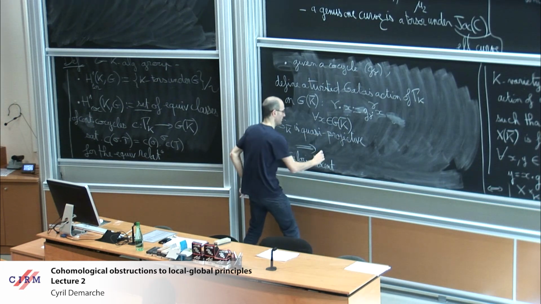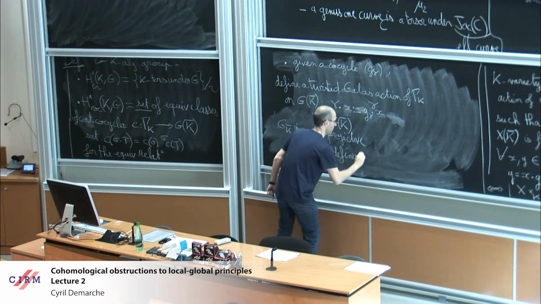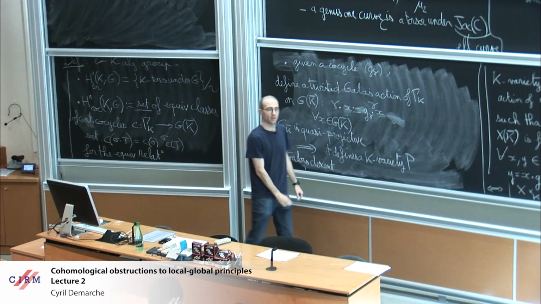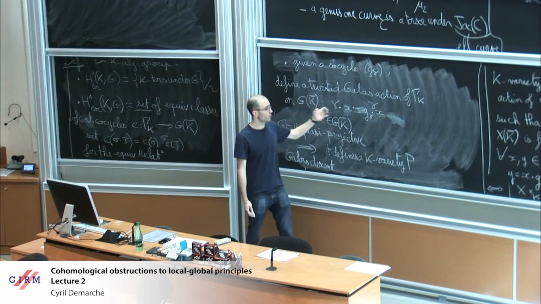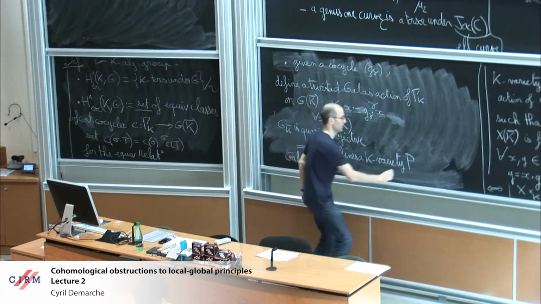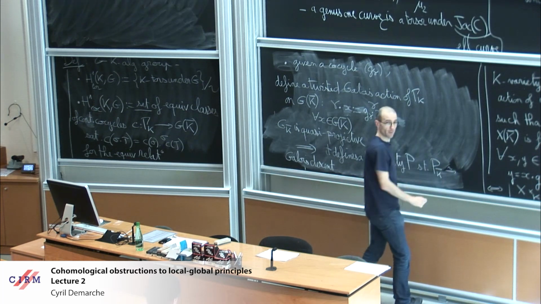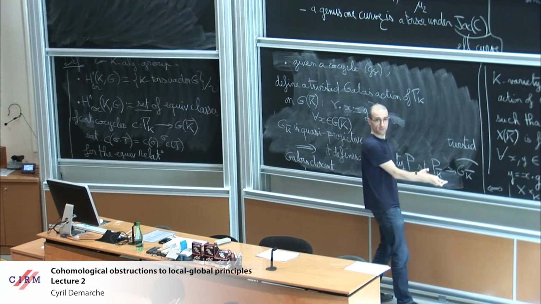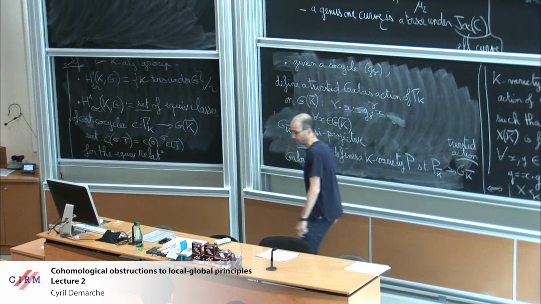So this data defines a K variety, say P, so that when you pull back to K bar, you get G K bar with this Galois action. Such that P K bar is isomorphic over K bar to G K bar with the twisted action, and this is Galois equivariant. Okay, so this is Galois descent.